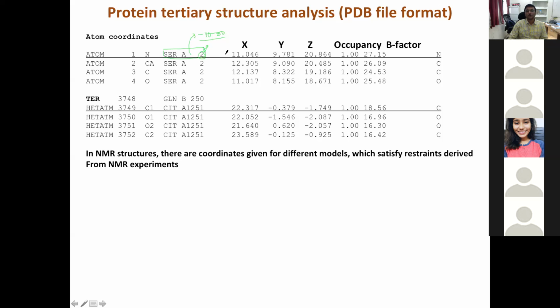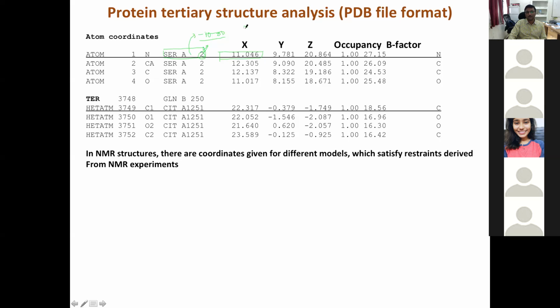Okay. Then comes the information of the XYZ coordinates. These are positions in an orthogonal space. If you imagine 0, 0, 0 in an orthogonal space, the XYZ coordinate is a positional coordinate in such a space.